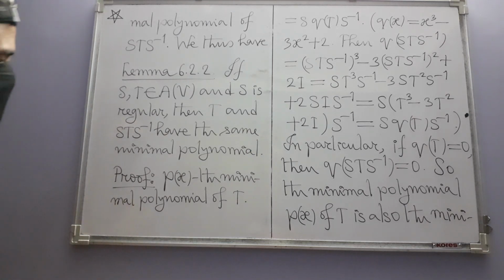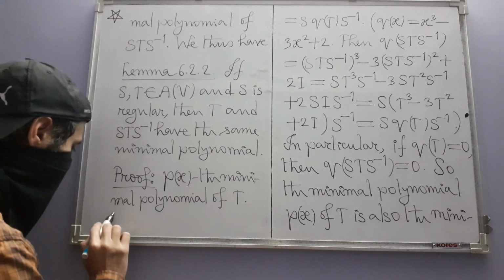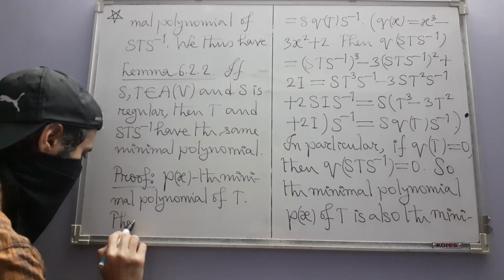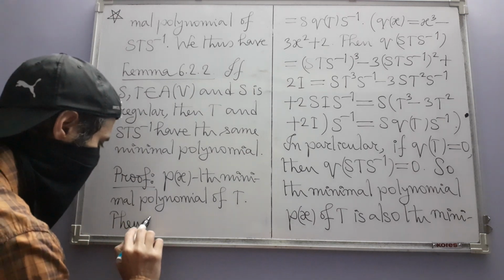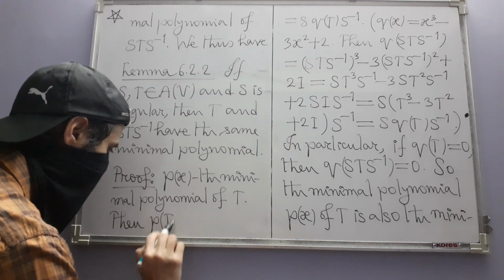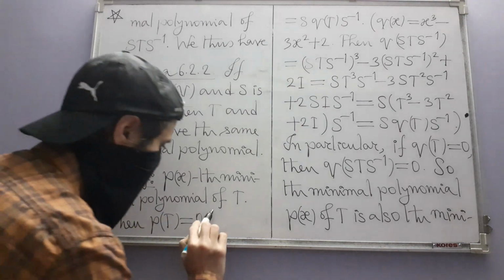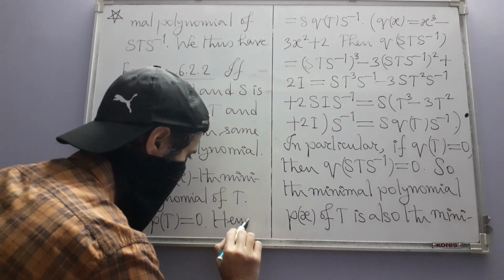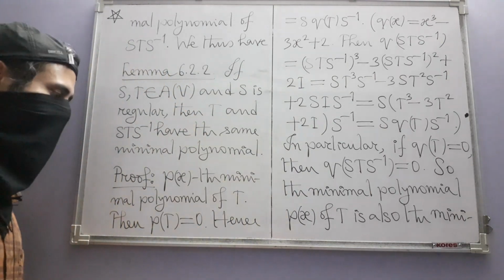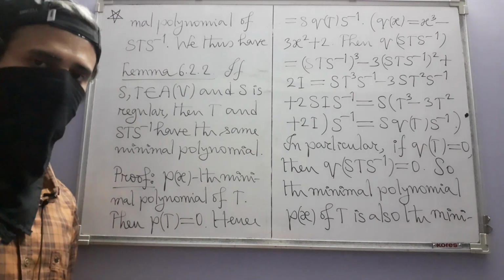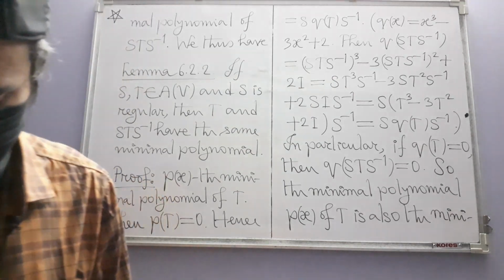So P(x) is the minimal polynomial of T. Then, in particular, this means that P of T is equal to 0. Hence, by the above observation, P of ST S inverse is also going to be 0.